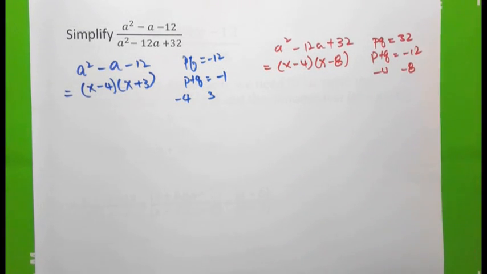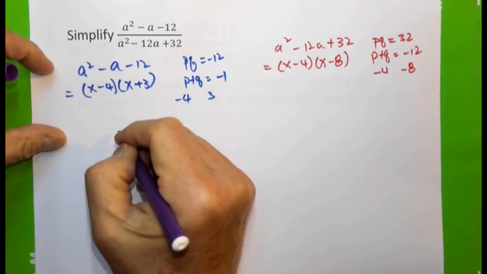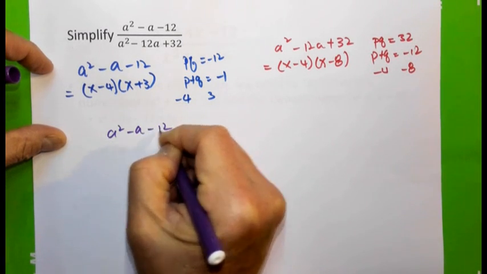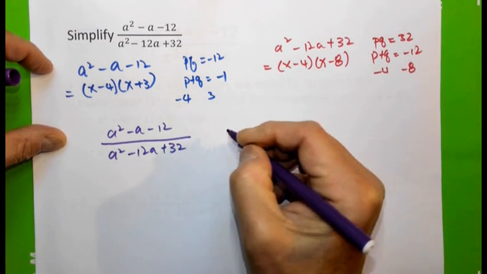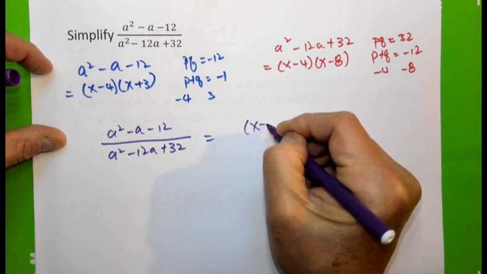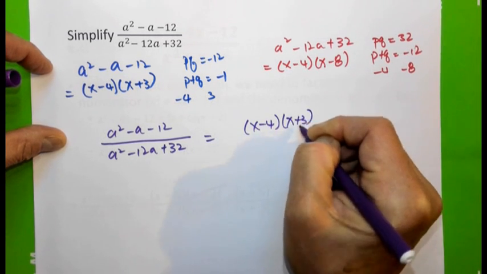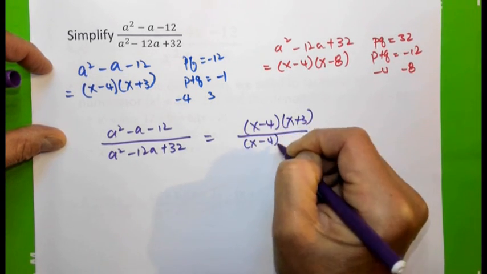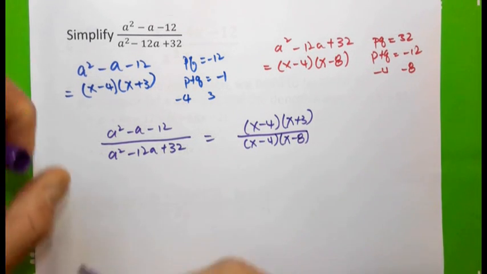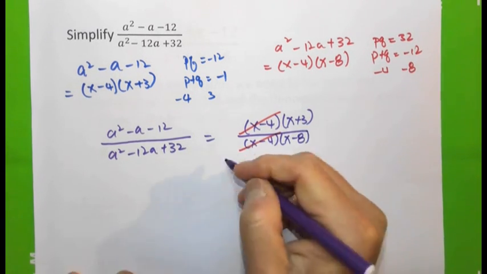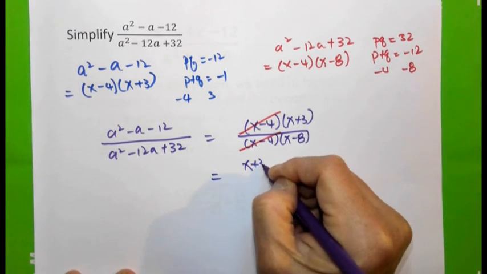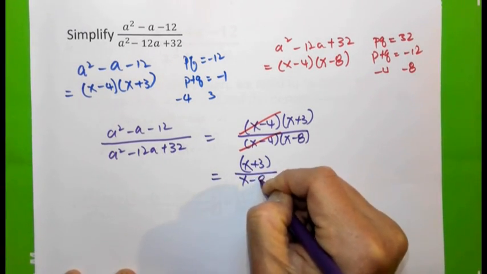Right, let's rewrite these algebraic fractions. a squared minus a minus 12 divided by a squared minus 12a plus 32 equals x minus 4, x plus 3 divided by x minus 4, x minus 8. We can simplify this by eliminating the term x minus 4. That will give us x plus 3 divided by x minus 8.